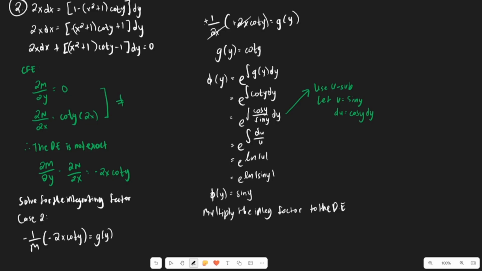So we would have 2x times sine y, we would have 2x sine y dy, plus sine y times this part, so we would have x squared plus 1 cotangent y sine y minus sine y dy is equal to 0.